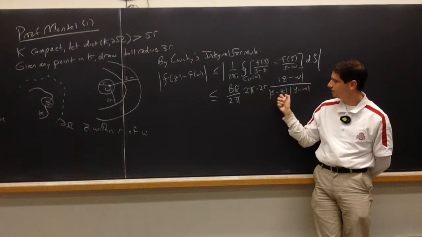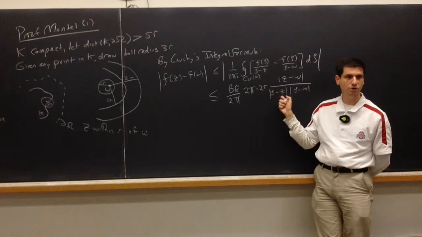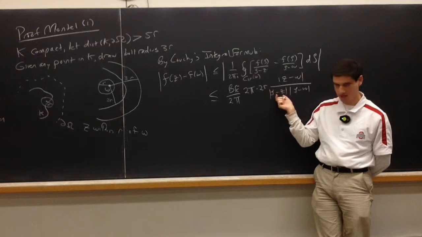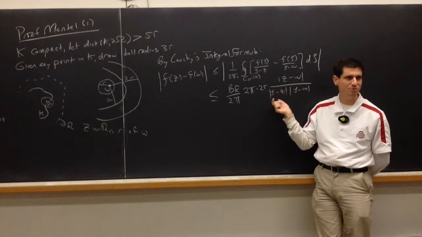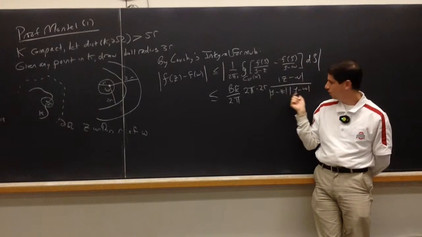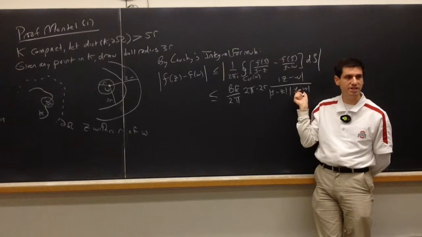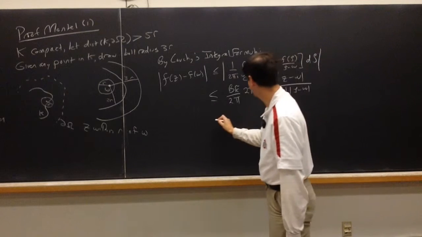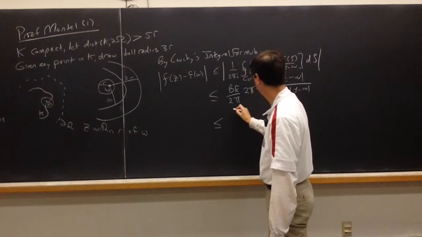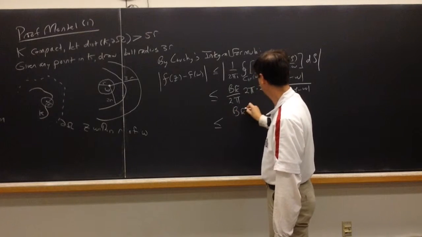And now this over here is going to be at least r, so the reciprocal is going to be at most 1 over r. Over here, this is going to be exactly 2r, so it's going to be 1 over 2r.